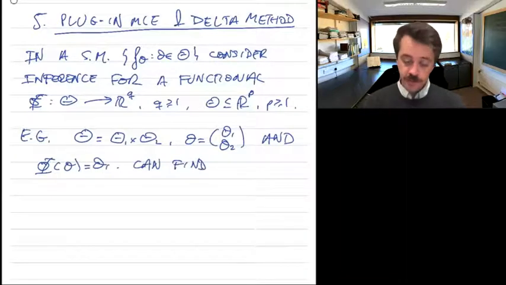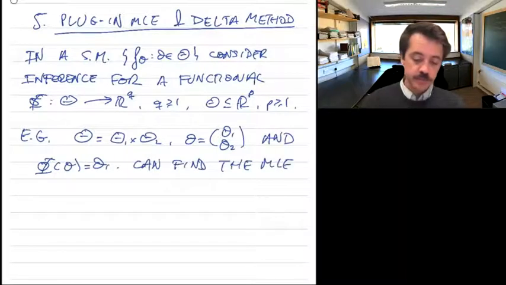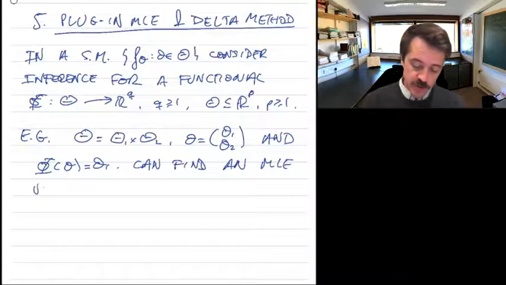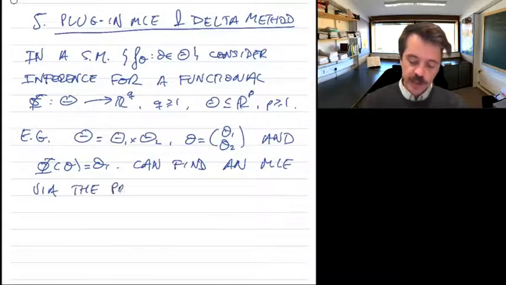So we can find an estimator, in this case maybe an MLE, via what is called the profile likelihood.